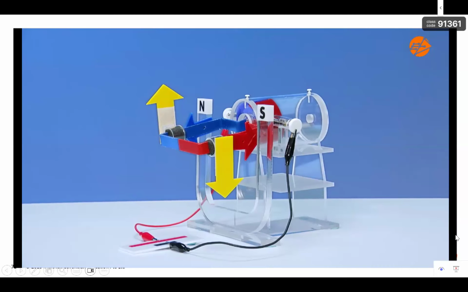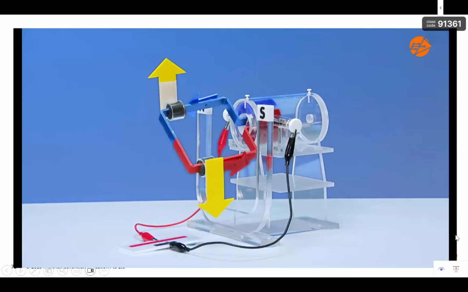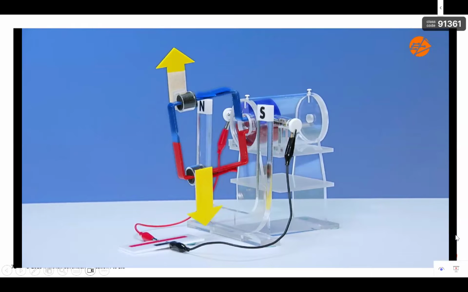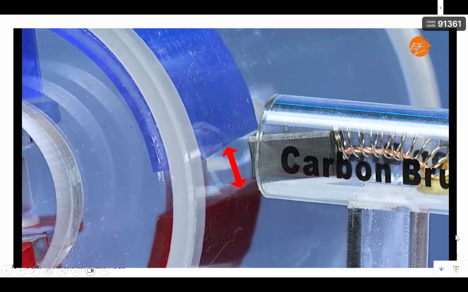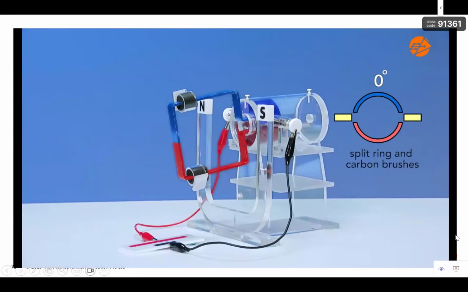The magnetic forces always act vertically upwards and vertically downwards to create a clockwise moment as the coil turns. When the coil reaches its vertical position, the gap between the split rings prevents electrical contact with the carbon brushes. As a result, no current passes through the split ring. There is no magnetic force and therefore no turning effect.